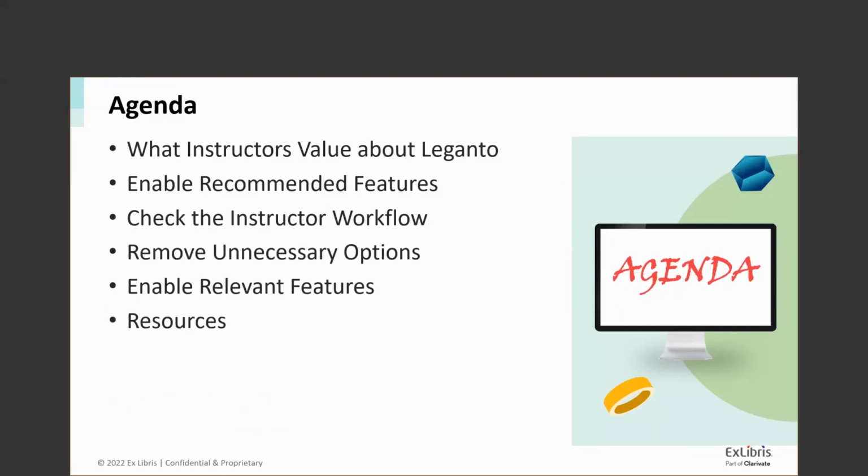Then we'll suggest a few options that we consider unnecessary or perhaps more complicated than most institutions should use, and you can remove those unnecessary options. And then some features that are not enabled by default, but we think are really relevant and useful for you folks. And then, as I say at the end, we'll have a list of documentation and video resources to help you learn more about all of this.